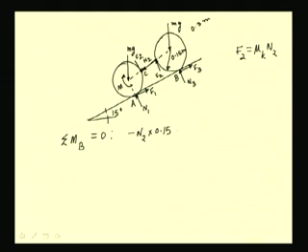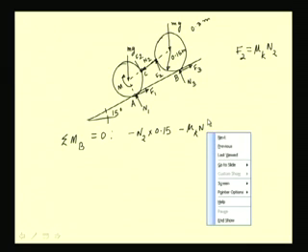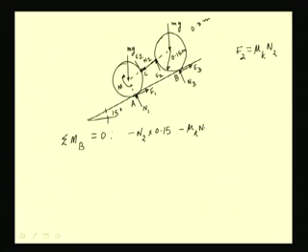Then we have minus mu k times N2, so this force is positive, this is a negative force, mu k times N2, which is this force F2, which is also having a moment arm of 0.15.